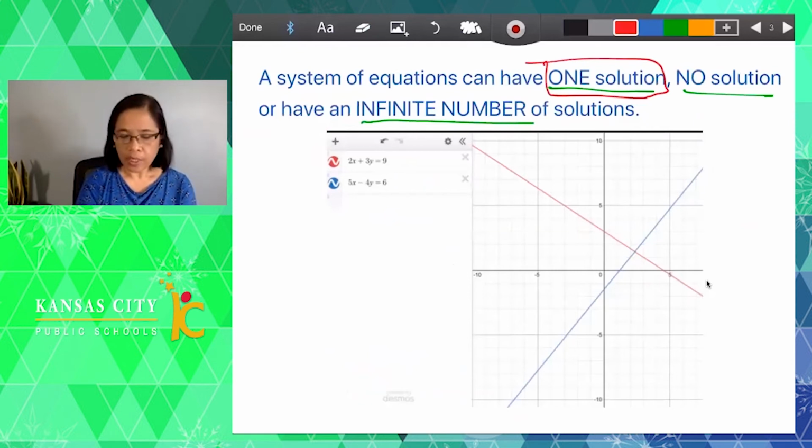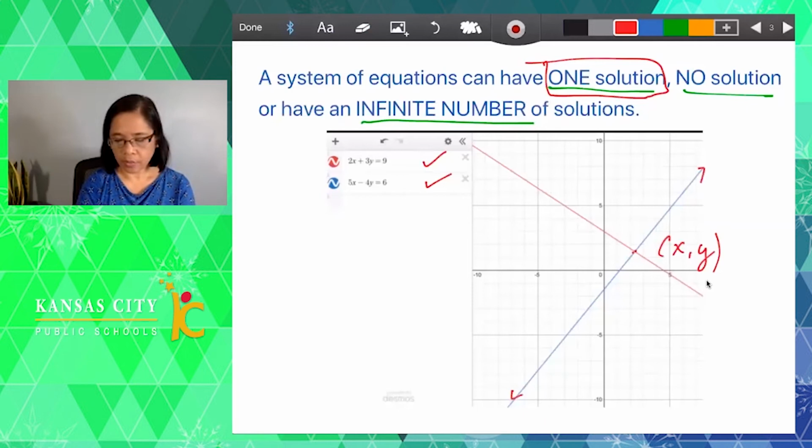These are the two equations. If we graph this system, there is one solution, which is actually the point of intersection. The values of x and y here are common to the two linear equations, and they lie on both lines.